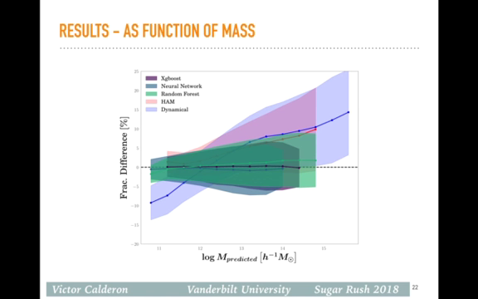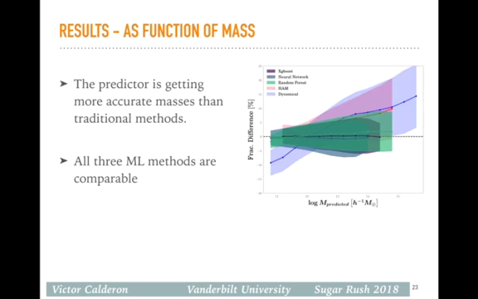So if we look at the fractional difference as a function of predicted mass, we can see that across the board, the machine learning algorithms are outperforming the traditional methods as a function of predicted mass, meaning that they don't overpredict or underpredict as much as the other two methods. So in this case, the predictor is actually getting more accurate masses than traditional methods, and they're all comparable to each other.